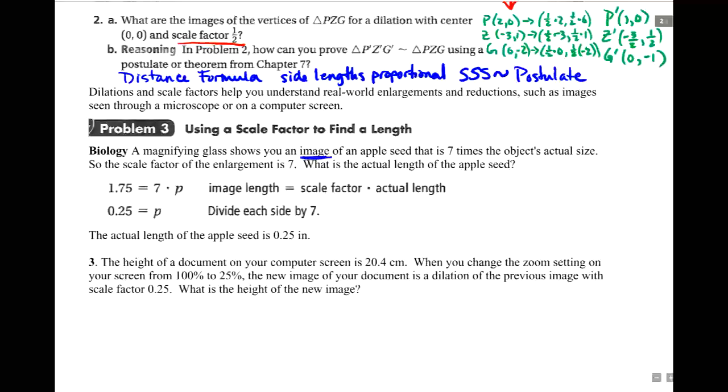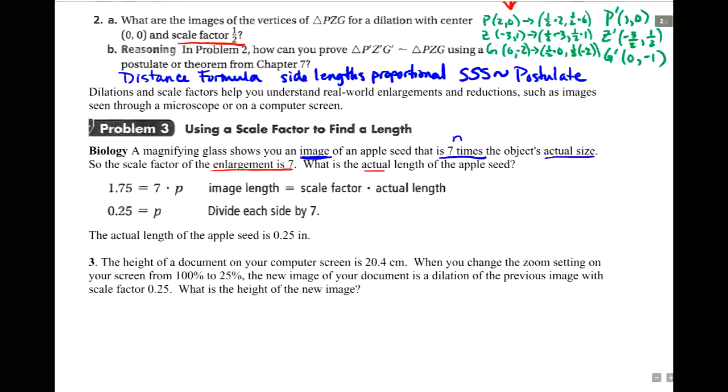Image is important, right? Then we know that that's the second one, not the original. That is 7 times, I see a scale right there, the object's actual size. So our scale factor, we know this is an enlargement because our apple seed is much bigger. N is positive, so that is an enlargement. The scale factor is 7.